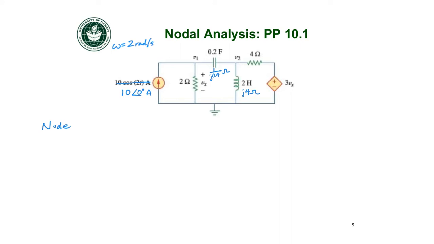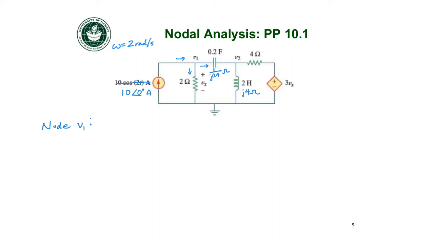So for node V1, we can just say we have some current coming in to V1 from that current source, and let's just assume we have currents leaving that node through the other paths.